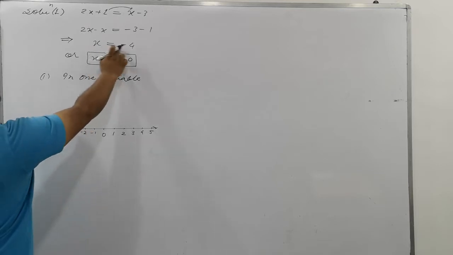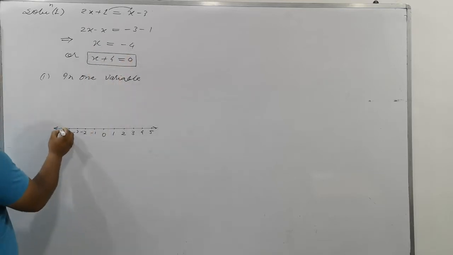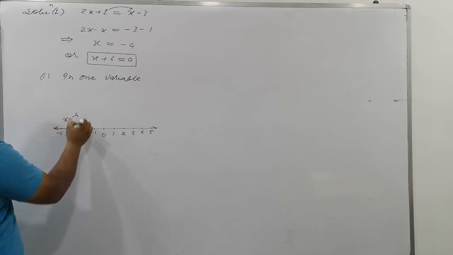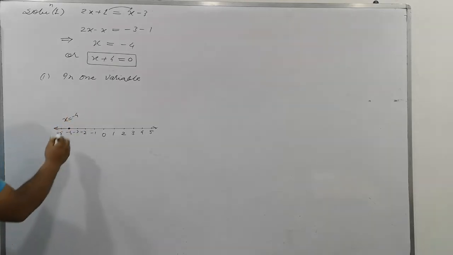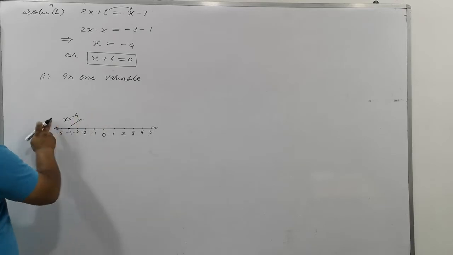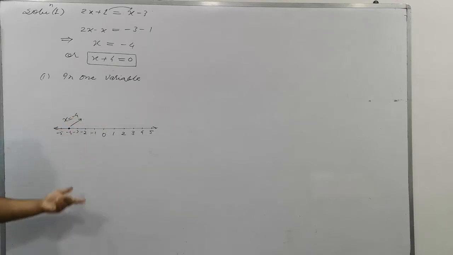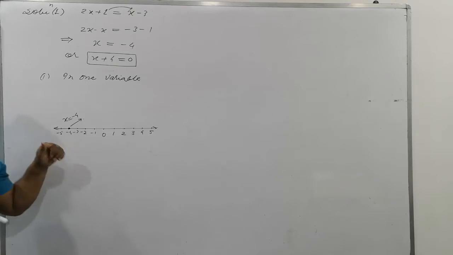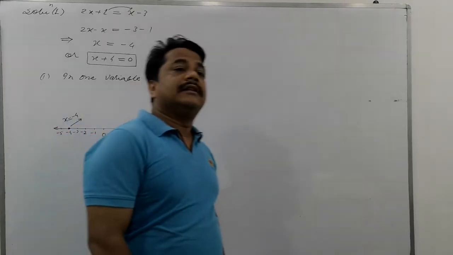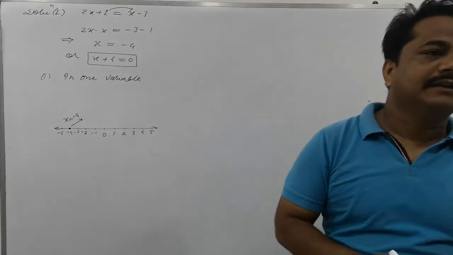From x plus 4, x is equal to minus 4. So this is the representation we have made here: x is equal to minus 4. Clear? Now it's completed here. It means we are showing where x is minus 4. It's lying to the left of 0. Is that clear or not?